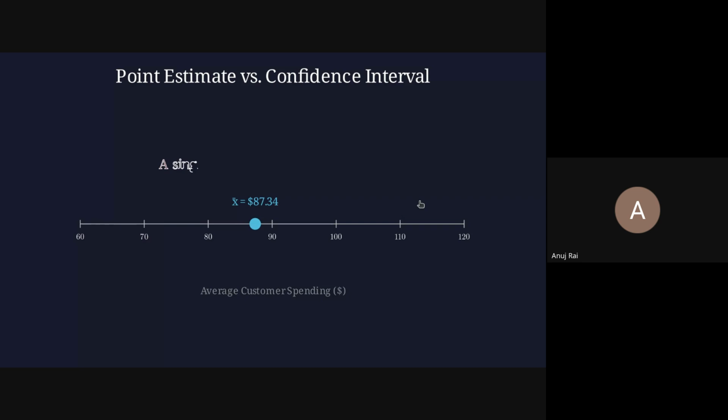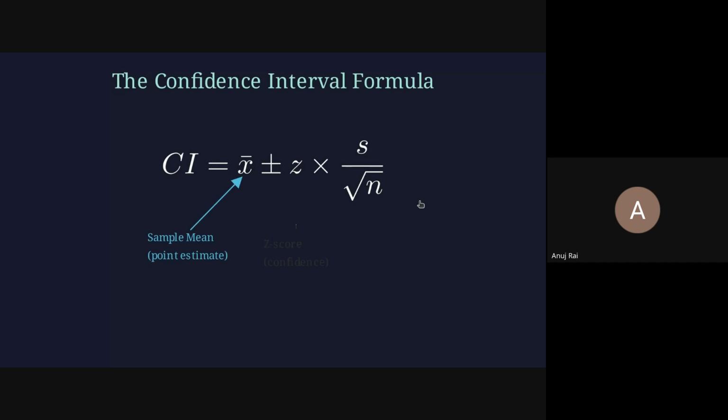Here, a point estimate is a single number, 87.34. But in terms of a confidence interval, you specify your range along with your confidence percentage.